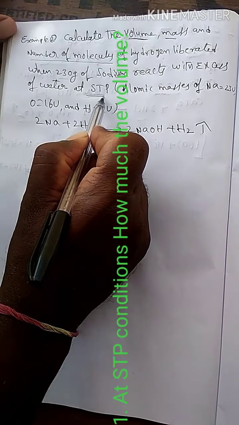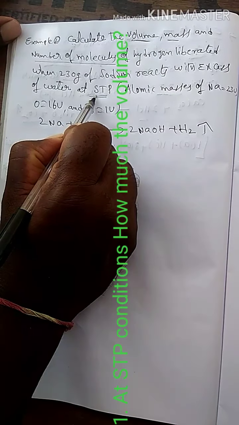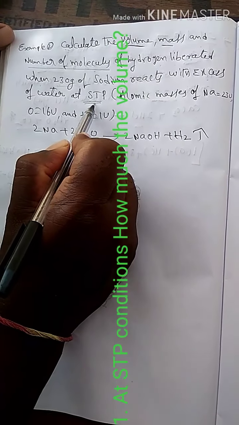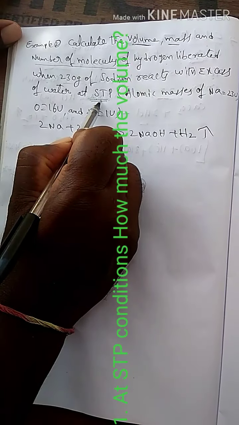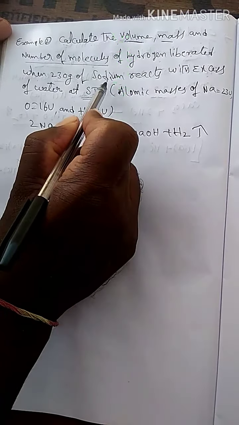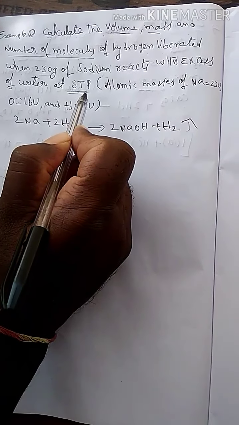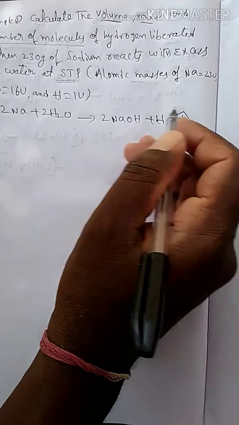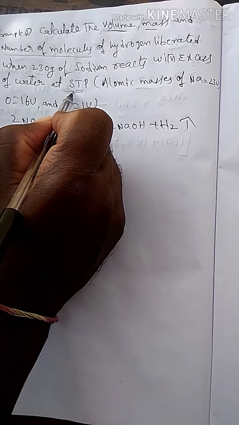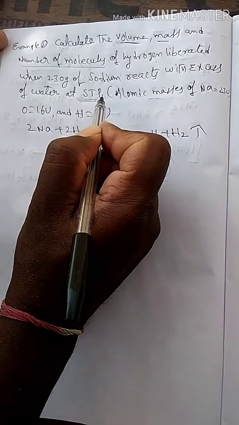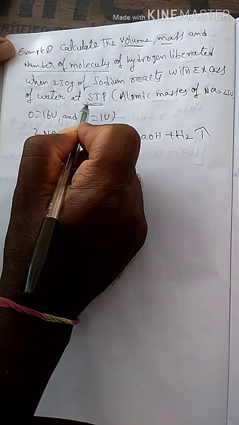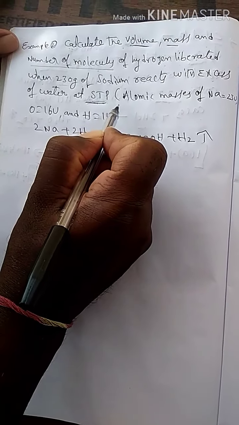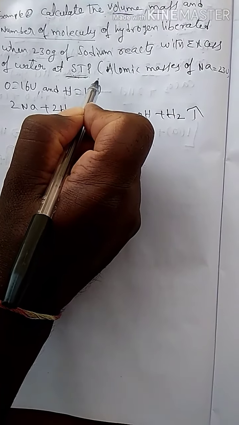STP is nothing but standard, S for standard, T for temperature and P for pressure. Standard temperature and pressure means room temperature. Here volume and number of molecules are fixed, constant values.